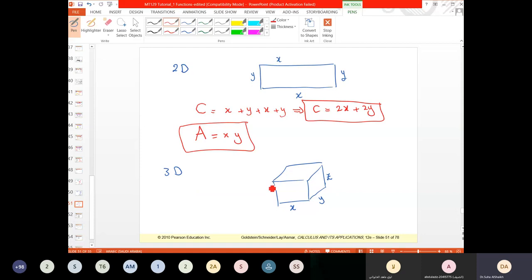Now for the box, if I have the box which is X, Y, and Z, we talk also about 2 things. We talk about around or going around it, and we talk about the volume اللي هو الحجم. What fills the box? The volume is actually X في ال Y في ال Z. Okay?